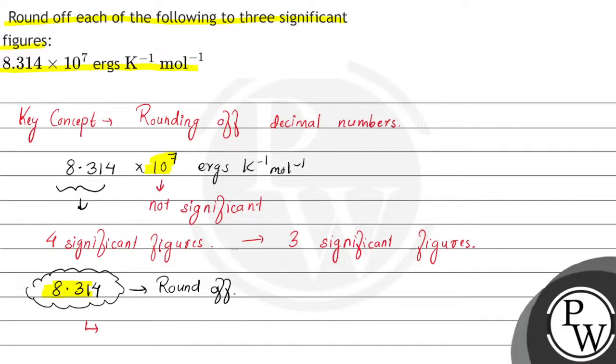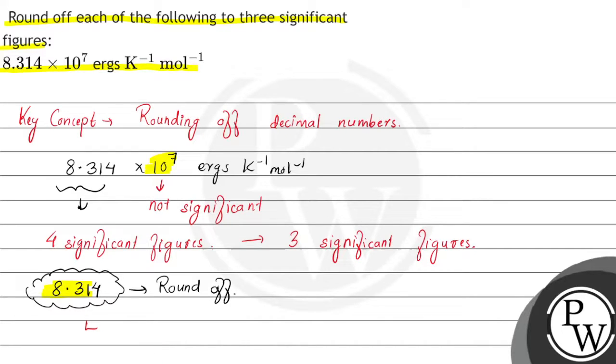And now when we come to rounding off of a decimal point, what we do is, suppose in this question, after the 8.31 there is a 4. अगर ये digit 5 से ज़्यादा होता तब हम इस 1 के साथ +1 करके इसे round off करके 8.32 लिख सकते थे. But since this is a 4, the immediate next digit is 4, that is less than 5.